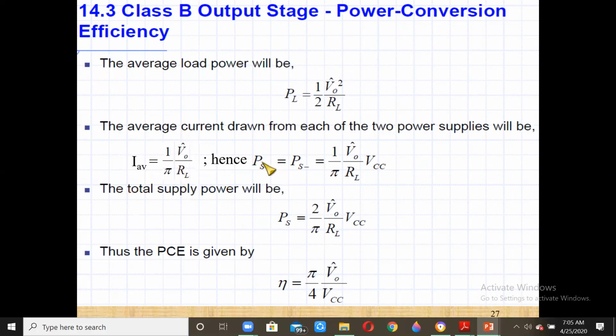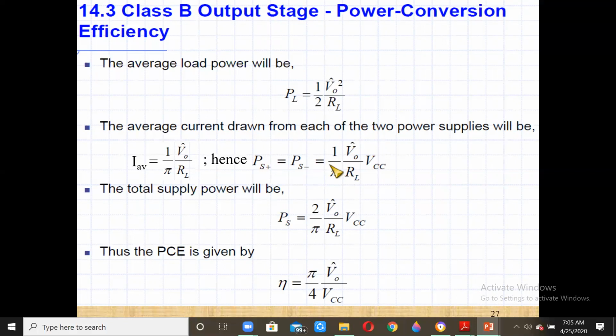Hence the power supplied by the two sources, positive as well as negative, will be 1 by pi V naught by RL, that is the current I average, multiplied by VCC.